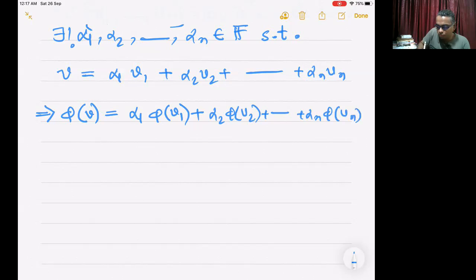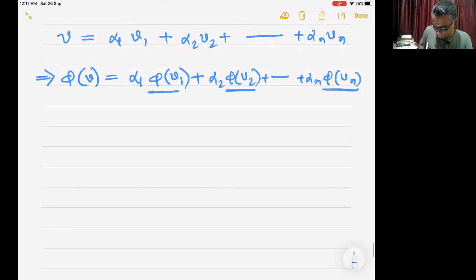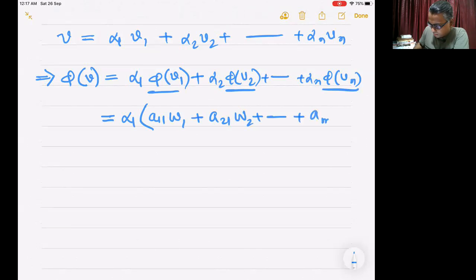What we're going to do now is express these things in terms of the basis of W. These are vectors in W, right? What would they be then? They would be alpha 1 multiplying phi V1. Remember, phi V1 is A11 W1 plus A21 W2 plus dot dot dot Am1 Wm.